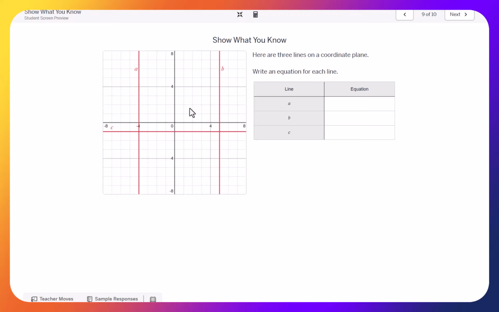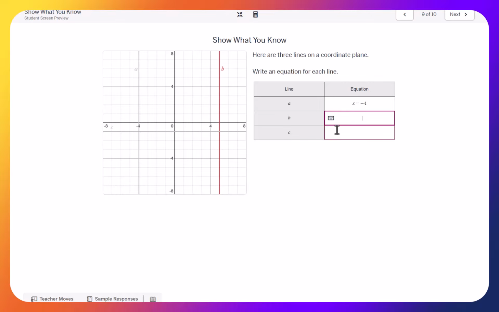And to finish up, we should be able to show the equations for these 3 lines here, lines A, B, and C. A and B are both vertical lines, so their equations will both start with x equals. For A, looks like x equals -4, because that's where it passes through the x-axis.